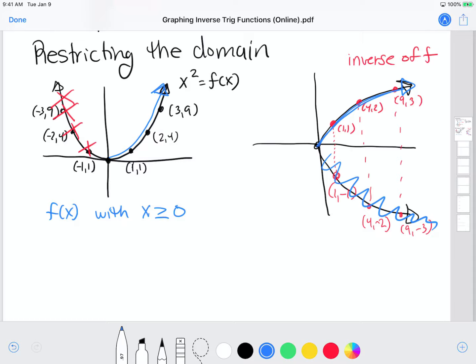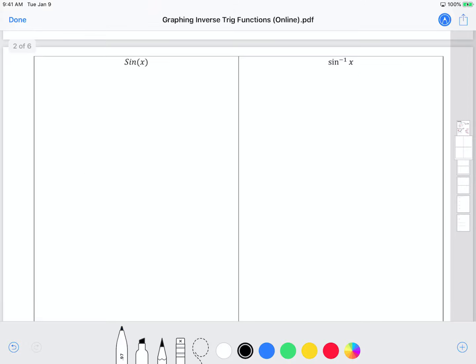So that's what we're going to have to do with our trig functions, and we have to restrict the domain so that when we do the inverses themselves will also be a function. So if we look at the graph of sine x, it starts at 0, 0, it comes up to 1, then it comes down to negative 1, and then if we look at just the first cycle, then it stops at 2 pi here.